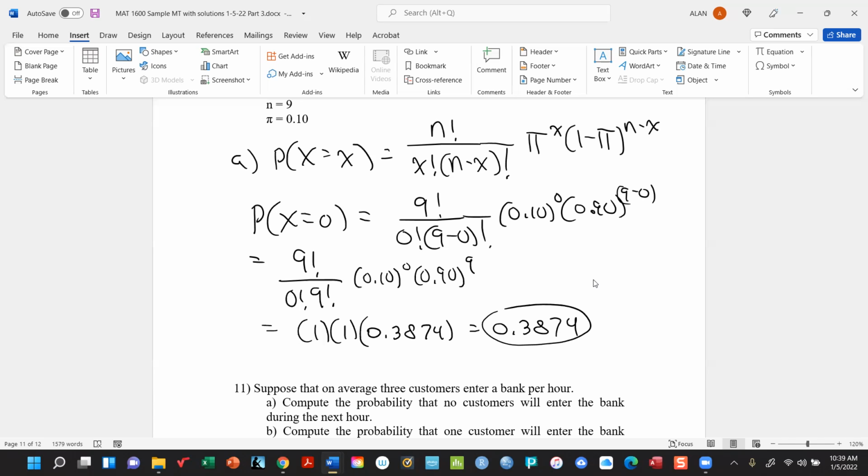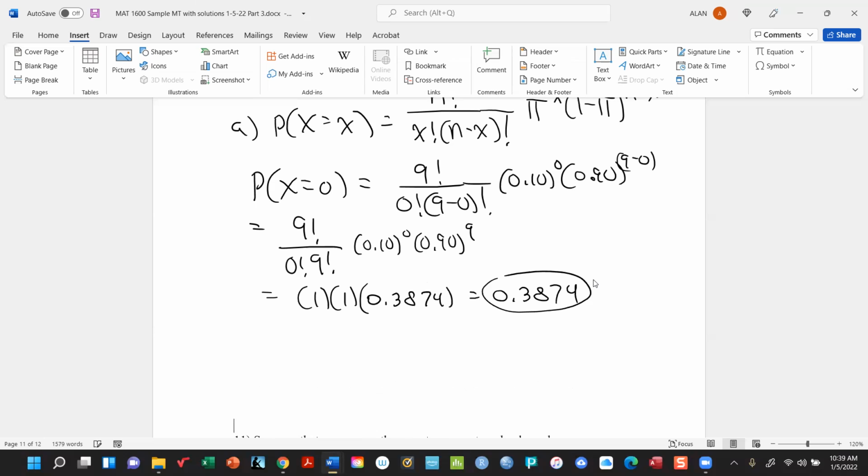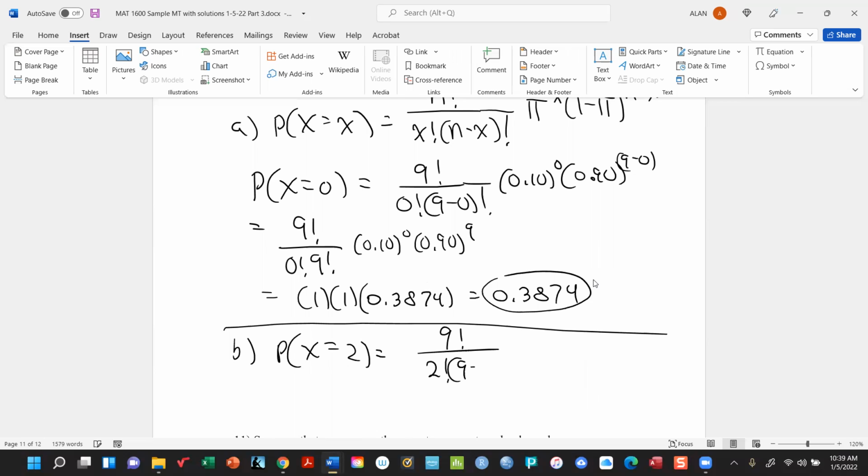So then the next one is the probability of getting 2 lefties in the class. All right, so 9 factorial over 2 factorial, 9 minus 2 factorial. Actually, let me clean that up a little.